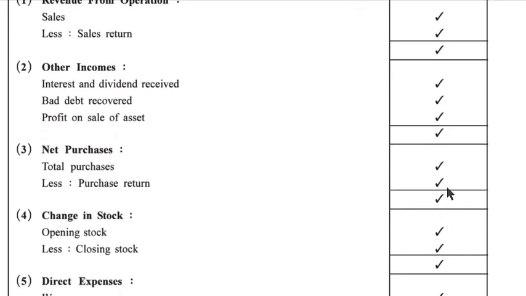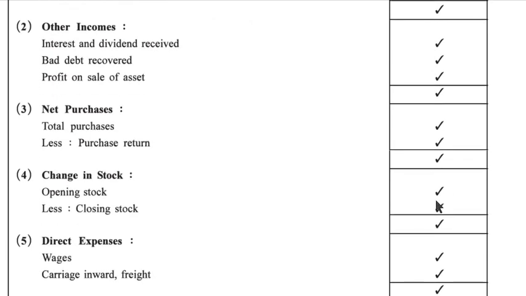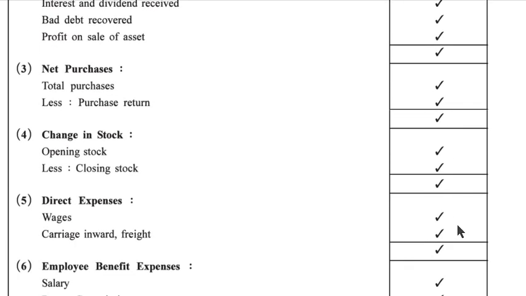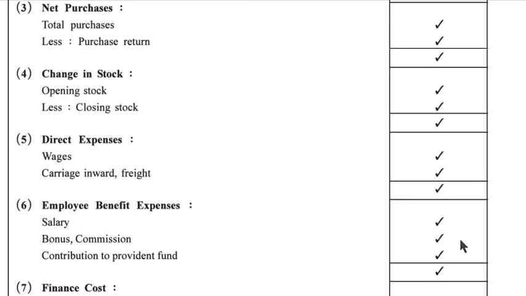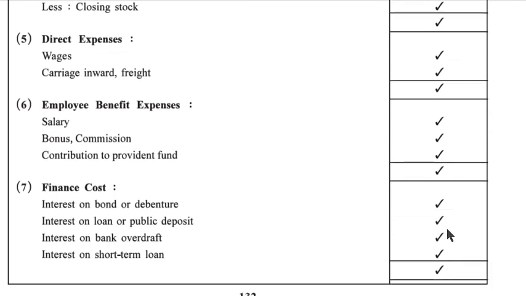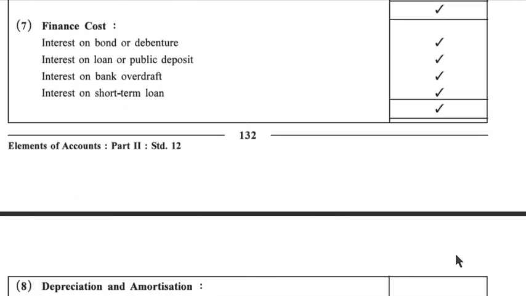Net purchase: total purchase minus purchase return. Here we have to write change in stock: opening stock minus closing stock. Direct expense: wages, carriage inward, total. Employee benefit expense: salary, bonus, commission, contribution, provident fund, total. Finance cost: interest on bond, on debenture, interest on loan, on public deposit, interest on bank overdraft, interest on short-term loan, total.